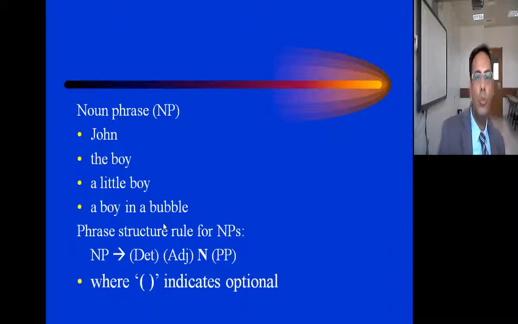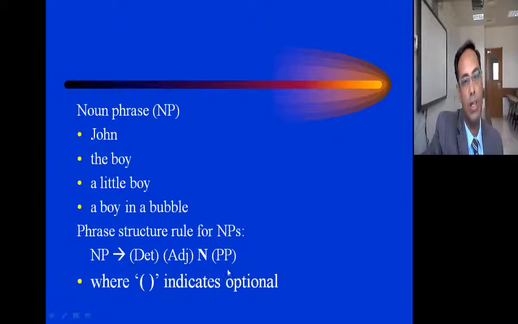Phrase structure rules for a noun phrase. For example, you see here, any one of these phrases. Noun phrase, rewrite it as determiner, adjective, noun, and prepositional phrase. These brackets mean it is optional, but the main element is the noun. So it can be John.